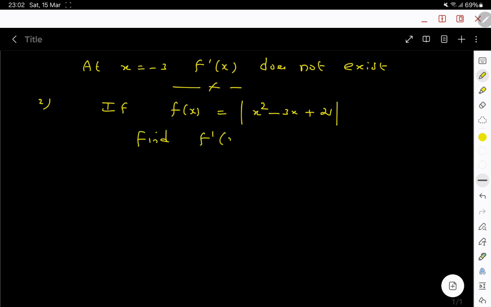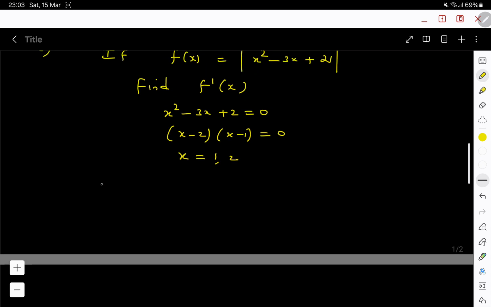Then find f dash of x. Now take x square minus 3x plus 2 equal to 0. Factorize it. x minus 2 into x minus 1 equal to 0. So x values are 1, 2.